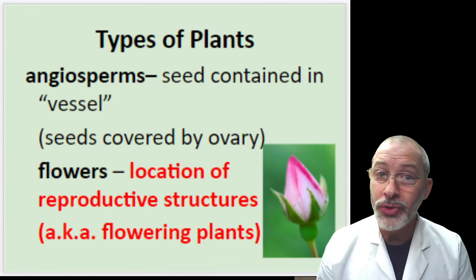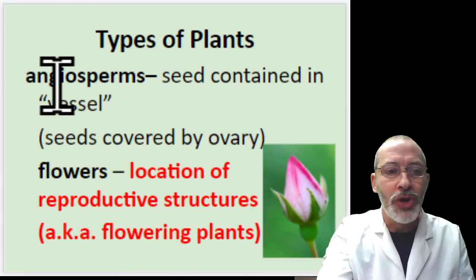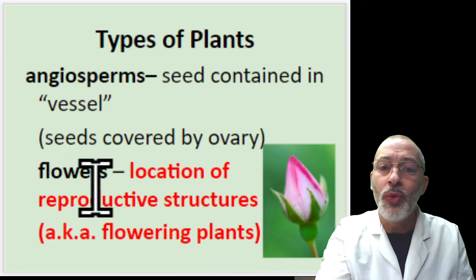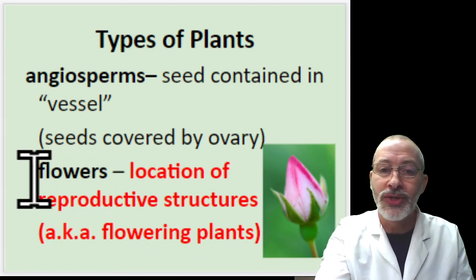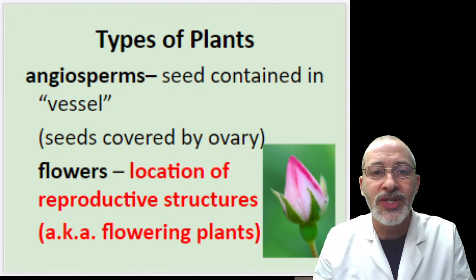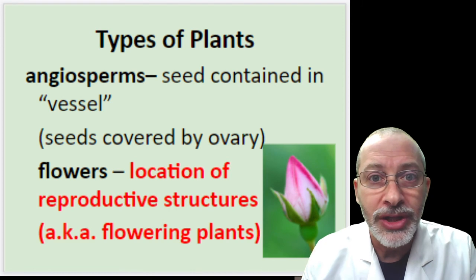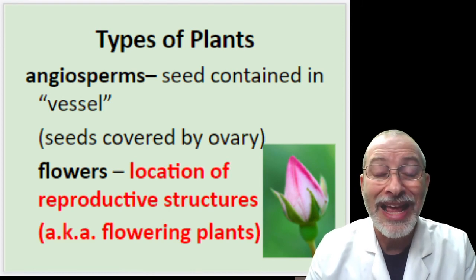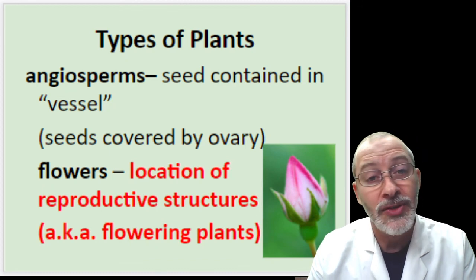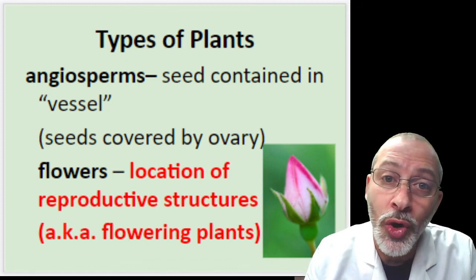Now, in your notes, once again, I'd like you to circle the word angiosperms and circle the word flowers. And then draw a line between the two words so that when you are studying your notes, it'll draw your attention to the fact that angiosperms produce flowers, as opposed to gymnosperms, which produce cones.